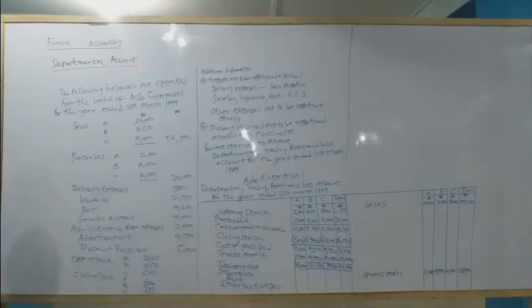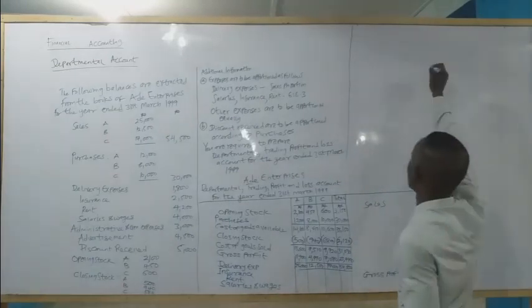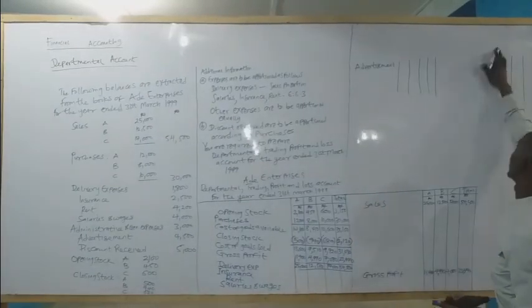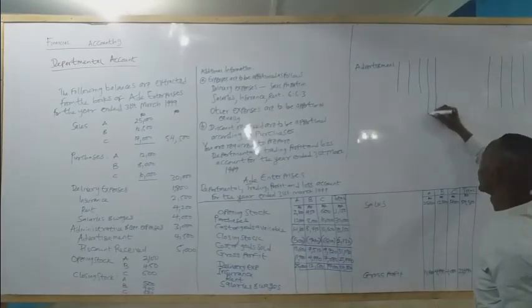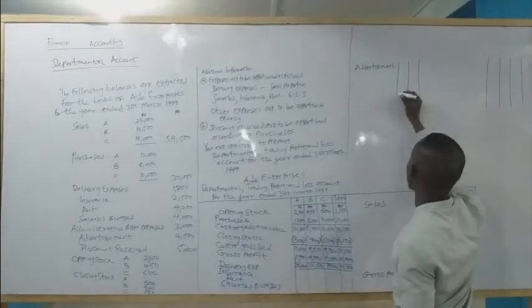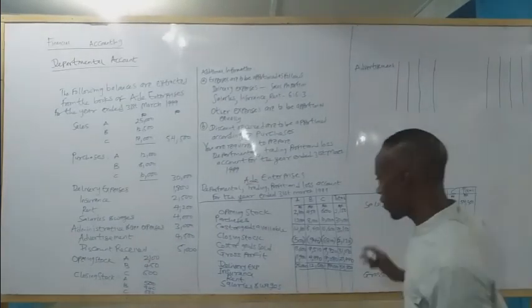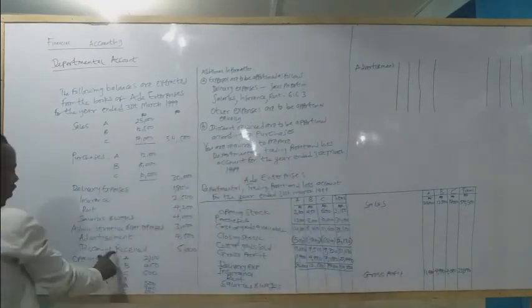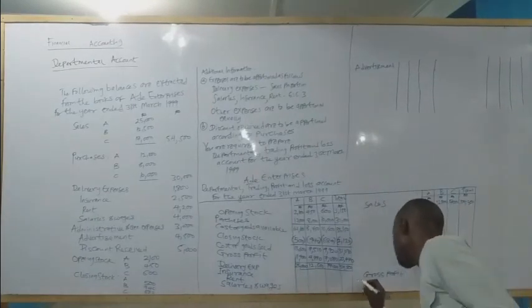Then followed by what? Advertisements. Discount received. Discount received is income. So discount received will come here.